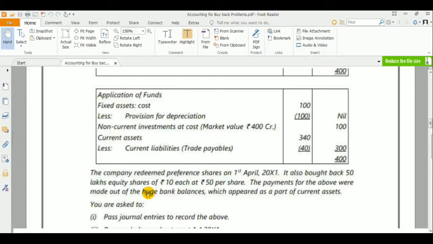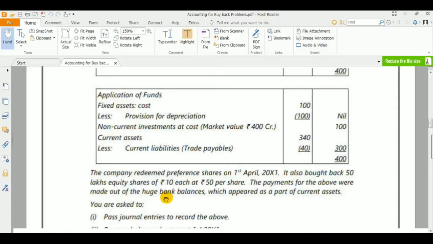The face value of the share was rupees 10, but they bought them back for 50, so the premium per share comes to 40 rupees. The payment for the above, meaning the redemption of preference shares and the buyback of equity shares, was made out of huge bank balances which appeared as a part of current assets.